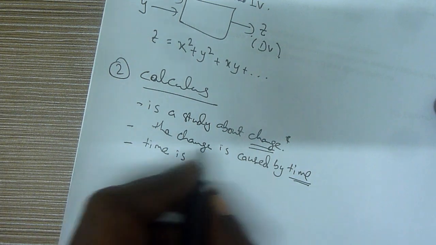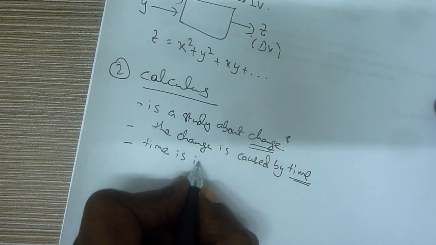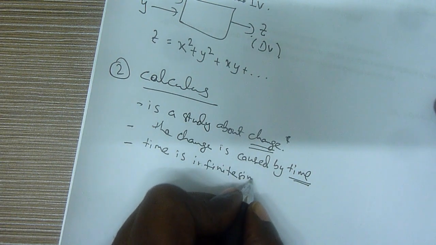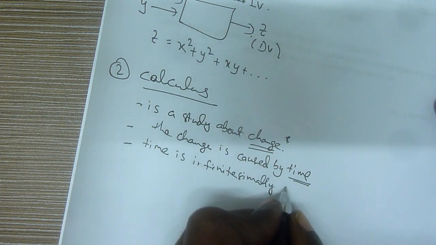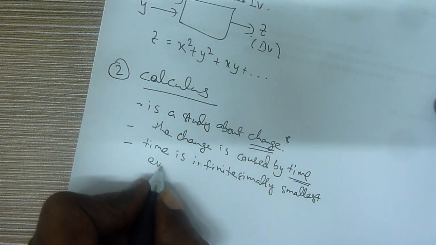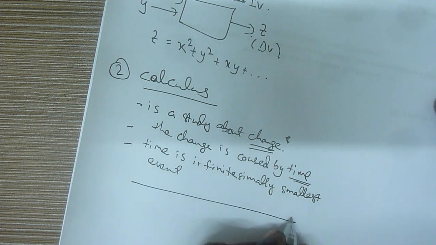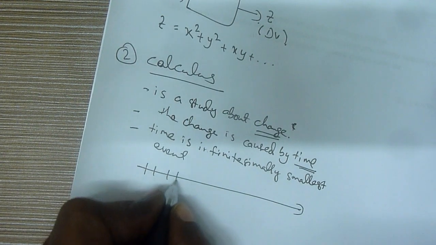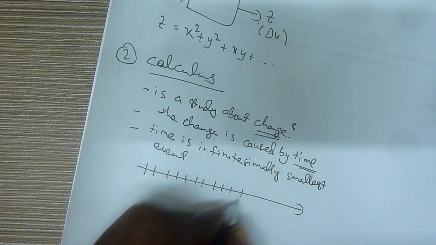Therefore, time is the infinitesimally smallest event. That means in any progression, we are trying to divide the events into as small as possible.